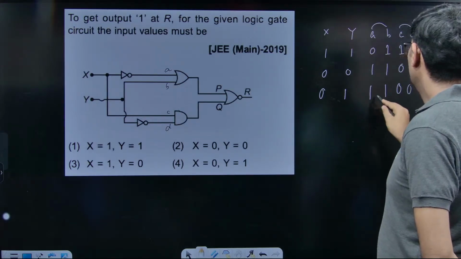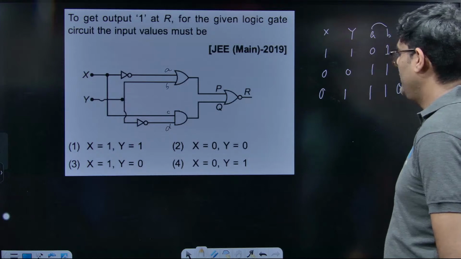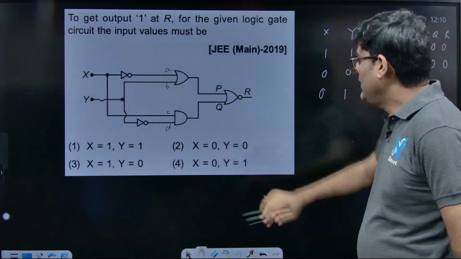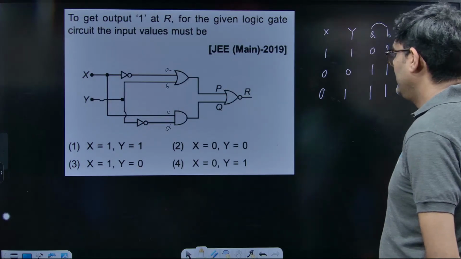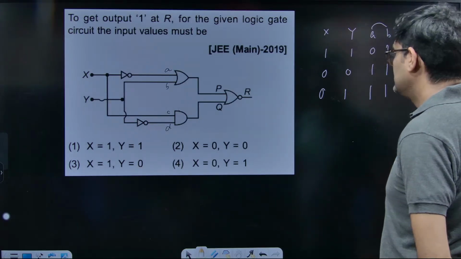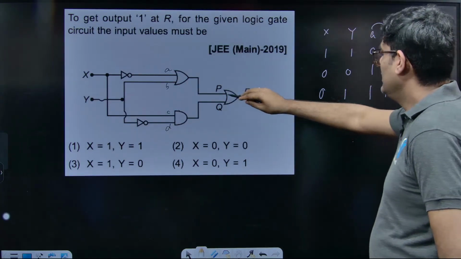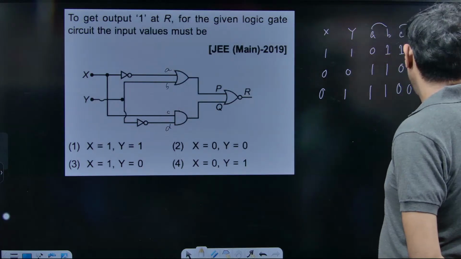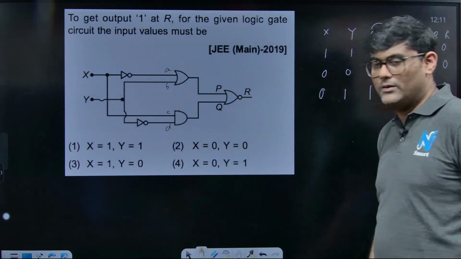So A or B, 1 and 1, means 1. C and D is again 0. So 1 or 0 is again 1, and opposite to that is 0. So the only option left is option 3.